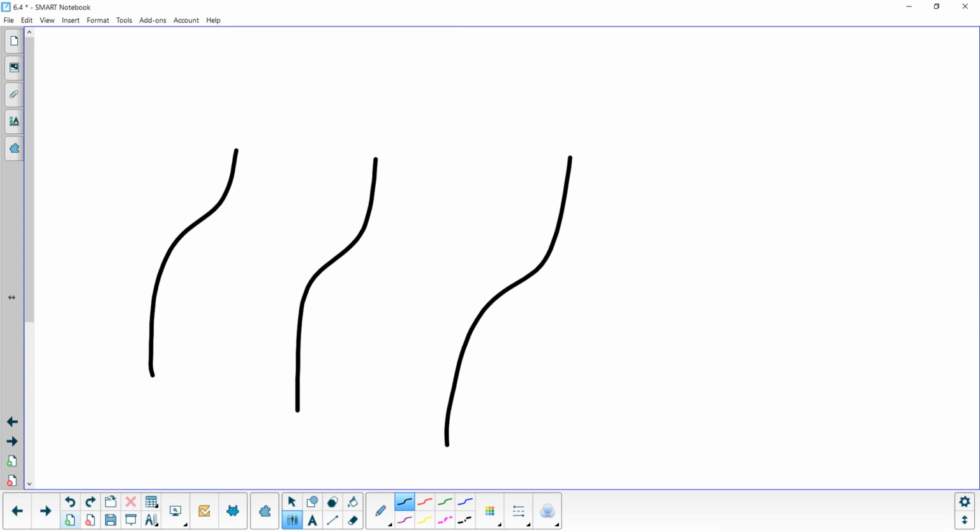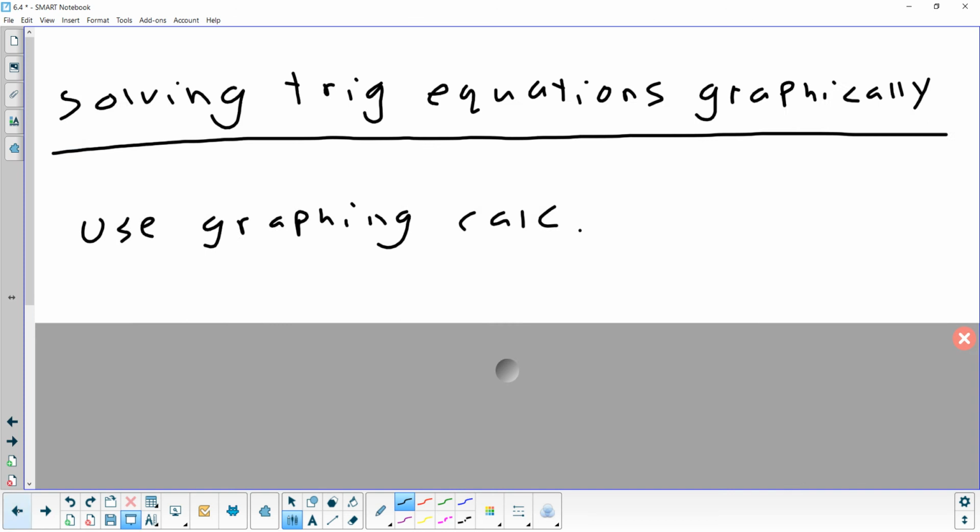Infinite, right? Because the graph of tangent is just going to keep repeating. If you put a horizontal line in here, it's just going to keep going. So the horizontal line and the graph hit each other infinitely many times.